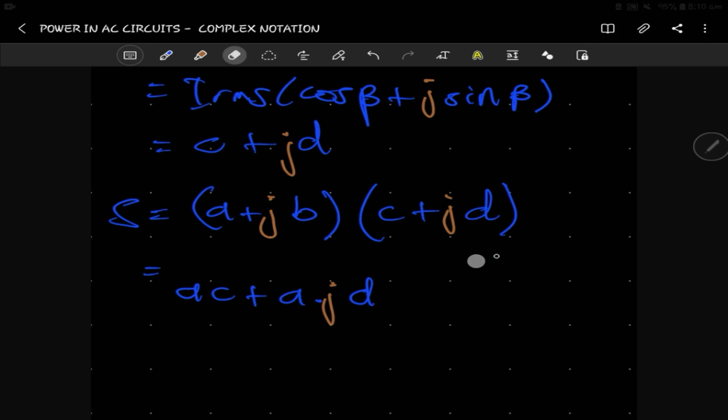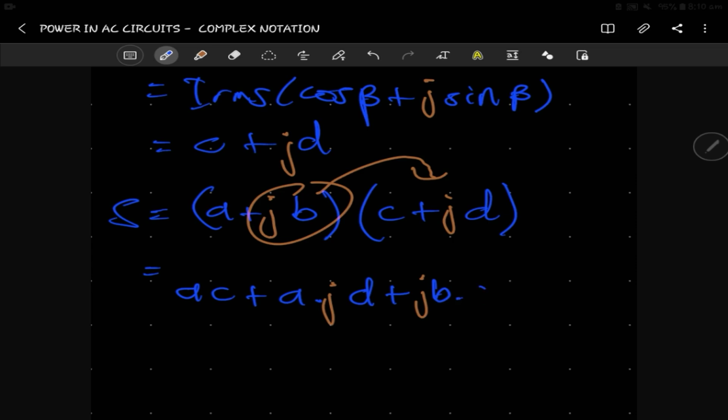Now we are doing the whole of this. That means we have plus J times B, and it's multiplying what first?